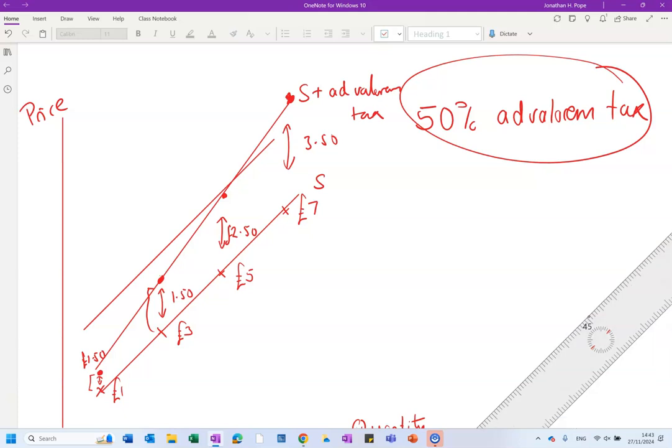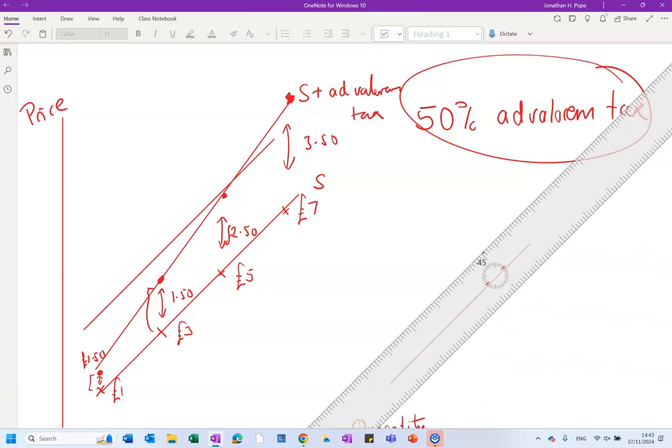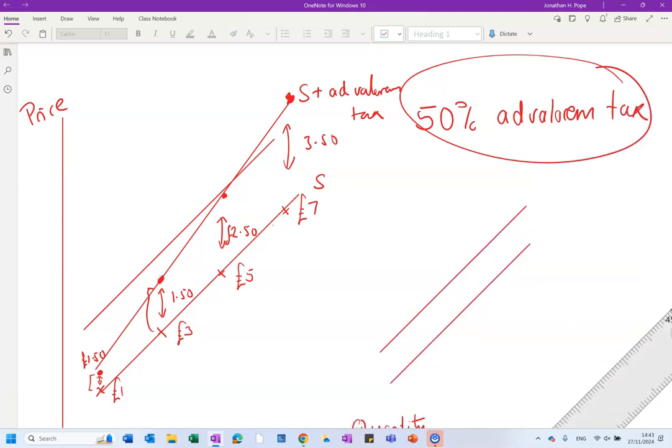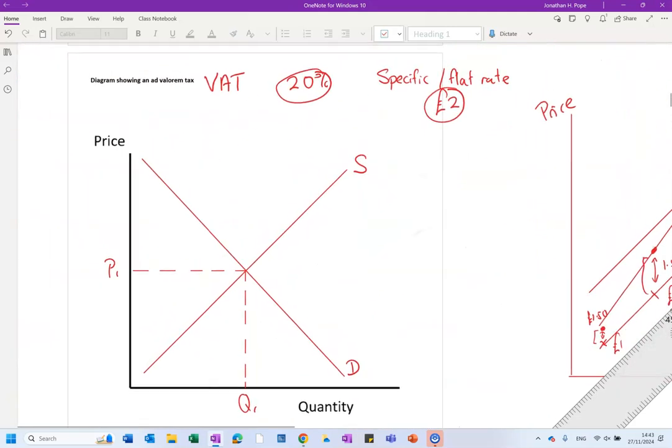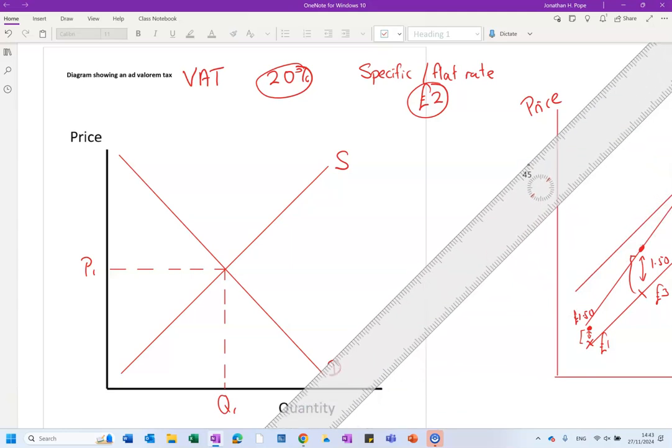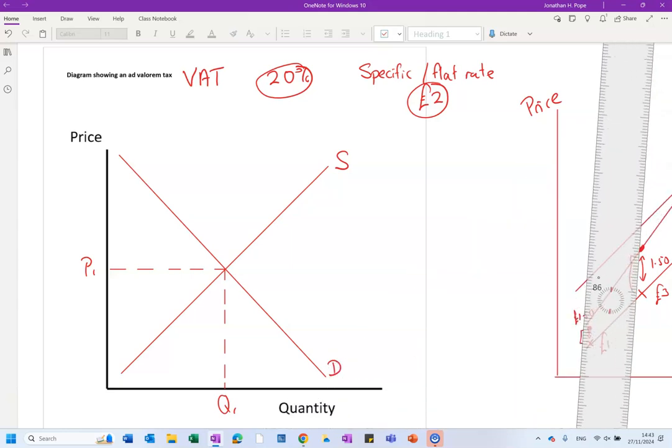If I do it down here, the two parallel curves, there is the same vertical distance, £2 between each of these curves here. Okay, 2, 2, 2. Right. Given that, now can you draw that on and show what that looks like for an ad valorem tax?